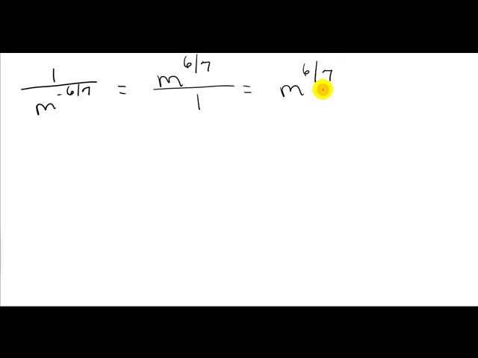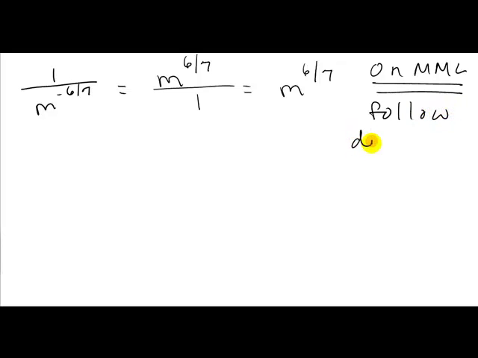Now you're going to have to be really careful. I want to make a note here on my math lab: follow directions. They may ask you to leave your answer in rational form, which this is, or radical. So this would be rational, m to the 6/7.